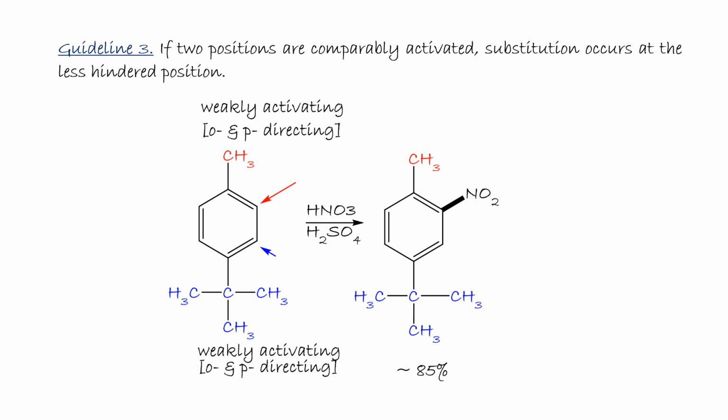Guideline 3: if two positions are comparably activated, substitution occurs at the less hindered position. So we have here a CH3, and we have here a tertiary butyl group, right? So here ortho, and para is blocked. And for the CH3, ortho, and para is blocked. We are talking about two ortho positions, here or that, and both are alkyl groups, right?